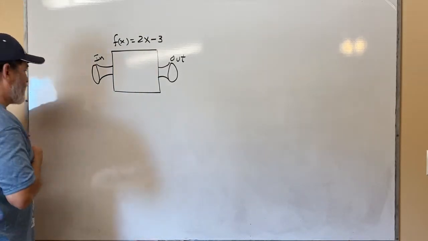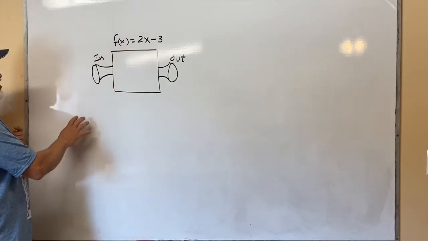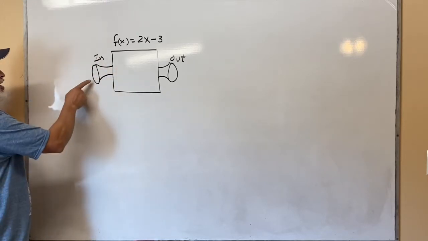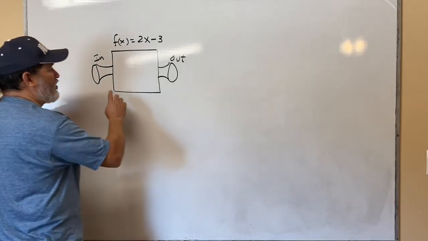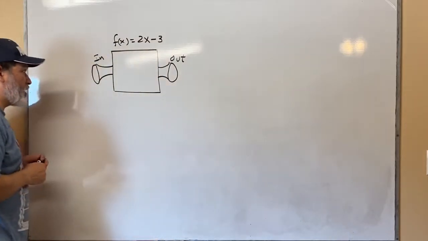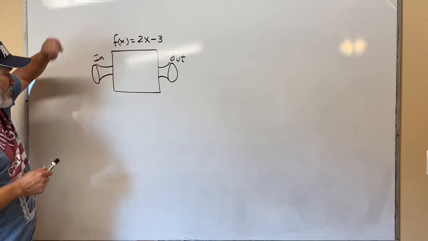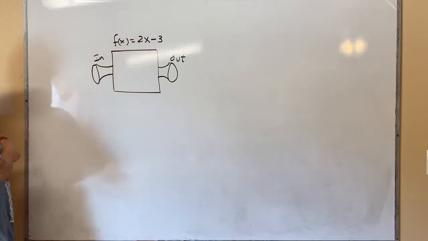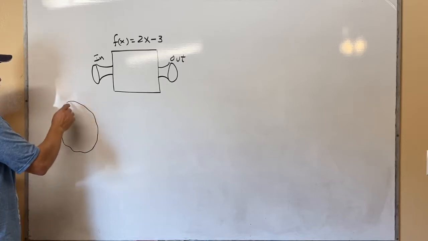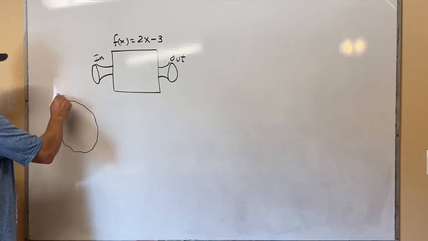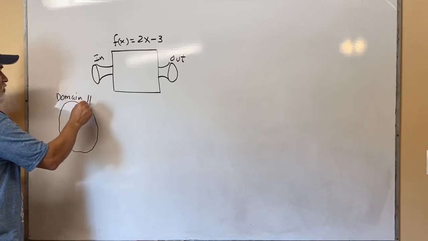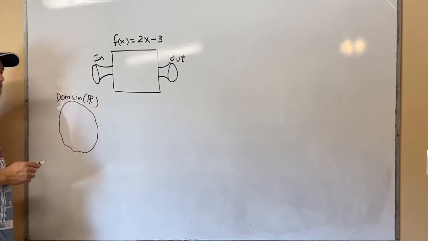Note, we're going to pick values from the domain of this function that go in, and then values from the range of this function are going to come out. So what's the domain for this? Well, domain is all real numbers. You can plug in anything. So domain is R, real numbers.